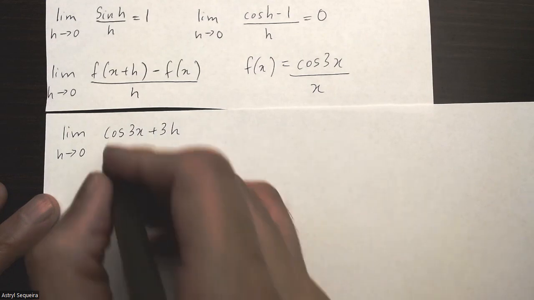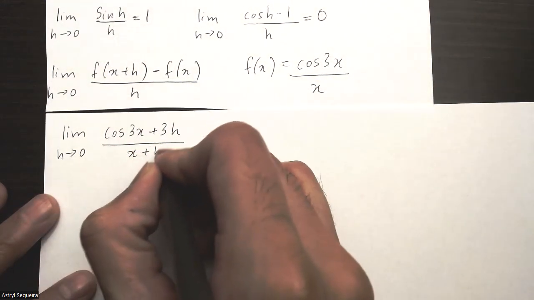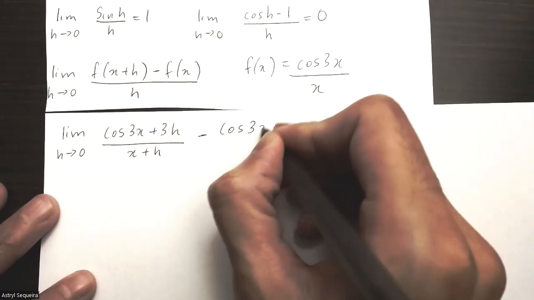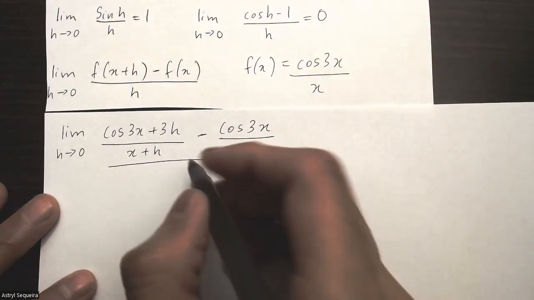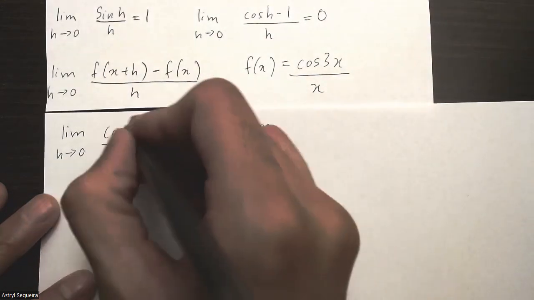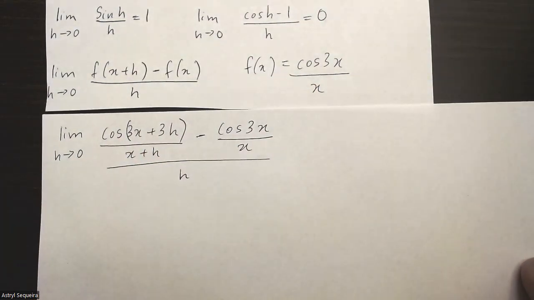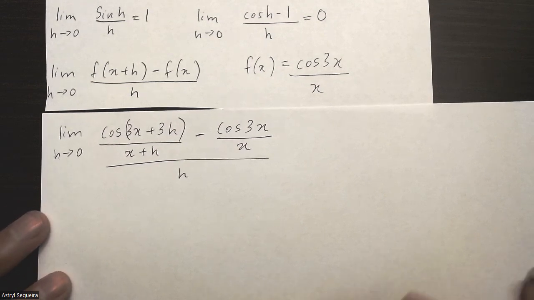I'll distribute the 3 instantly as well, divided by x plus h, minus the regular function, which is cos of 3x divided by x, and all of this is divided by h. You also want to put a bracket over there so you're not confused, but that whole thing is being cosed.